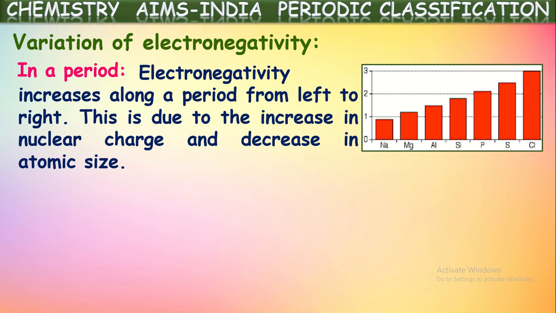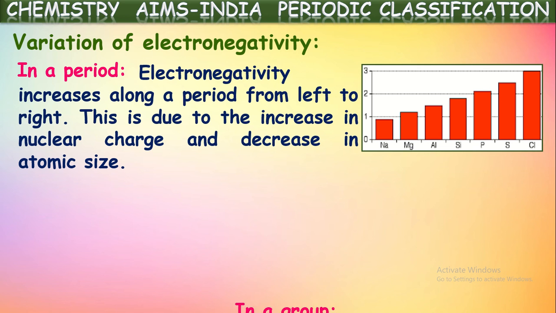One period is shown here, the third period, sodium to chlorine. From sodium to chlorine, size decreases gradually. As size decreases, nuclear charge increases. If nuclear charge is greater, the tendency of pulling the electron pairs towards it increases. Hence, electronegativity in a period increases from left to right.